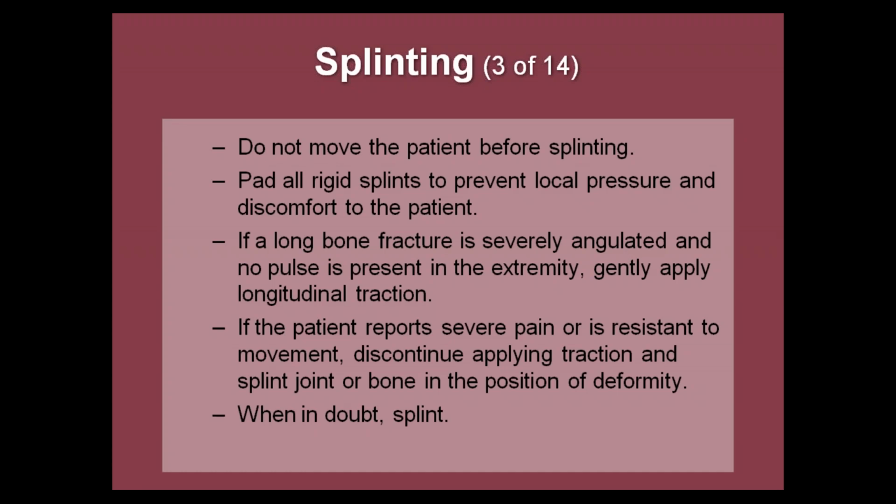That should hopefully allow the circulation to continue, and make sure that you document this. If the patient reports severe pain or is resistant to the movement, discontinue applying traction and splint the joint in the deformity position that it is currently in. So you're just going to splint as it is. When in doubt, splint it out.